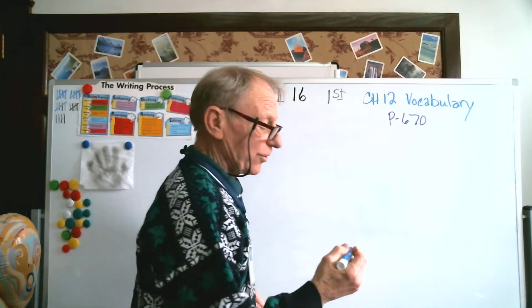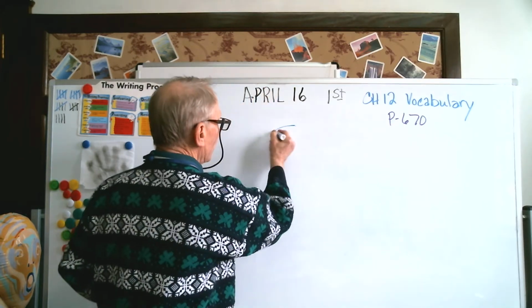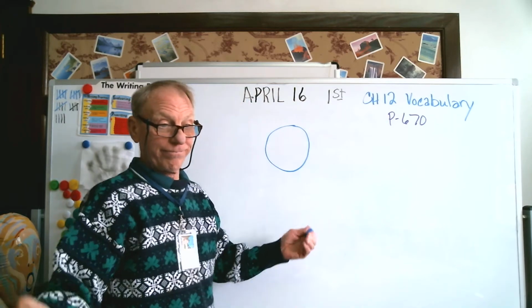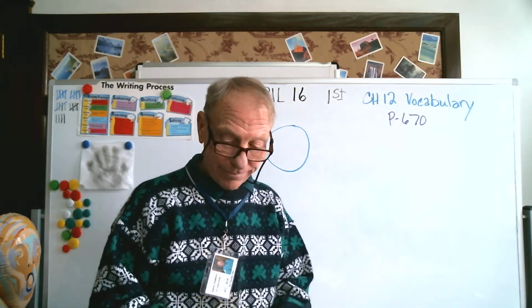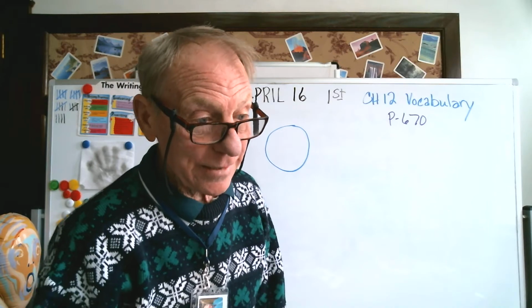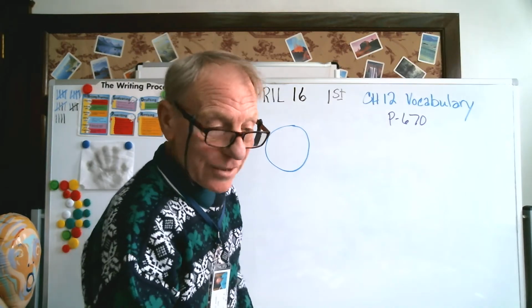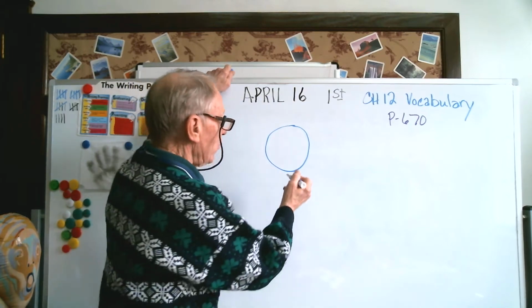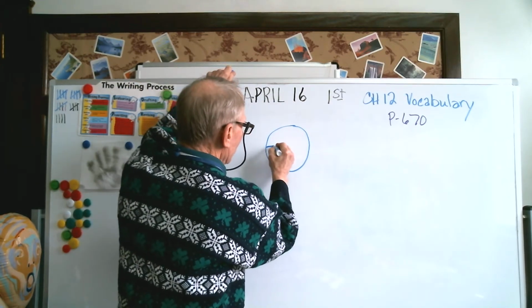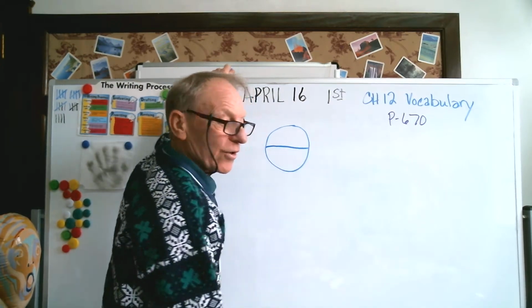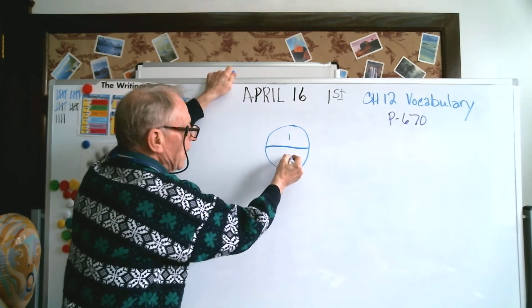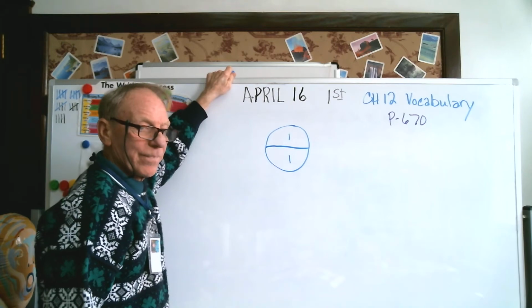The first one is a circle. Well, we all know what a circle is. It's a circle. That was easy. The next one is equal parts. Equal parts means if I drew a line right through the middle of this circle, this part would be equal to this part.